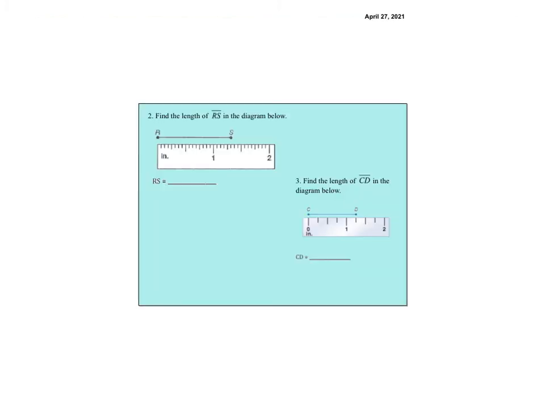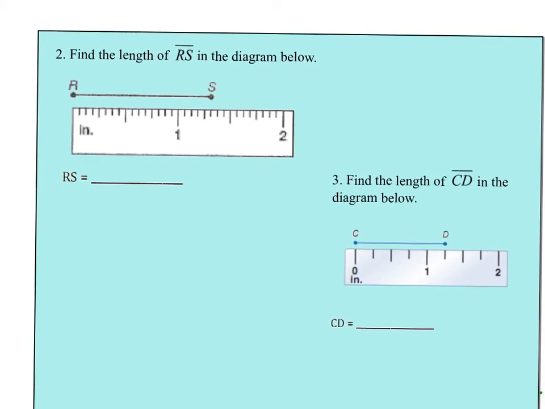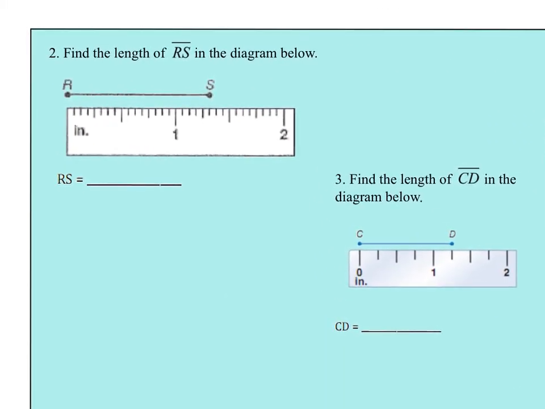So that's measuring in metric. Now we're dealing with inches, so you're dealing with standard here. All the big numbers are inches. In between, they're not the equivalent of millimeters. This would be considered a half inch.